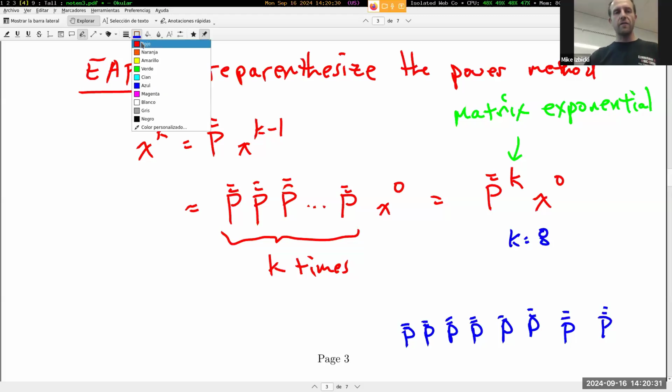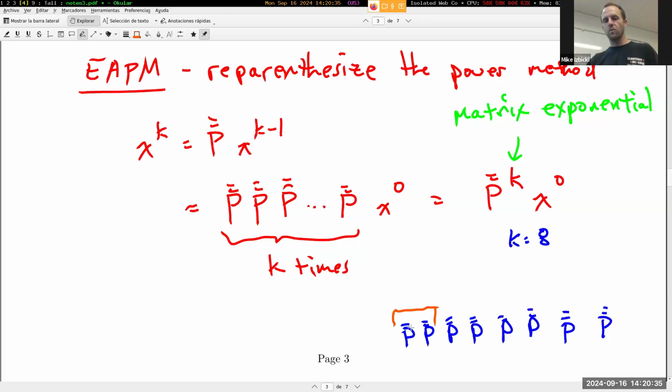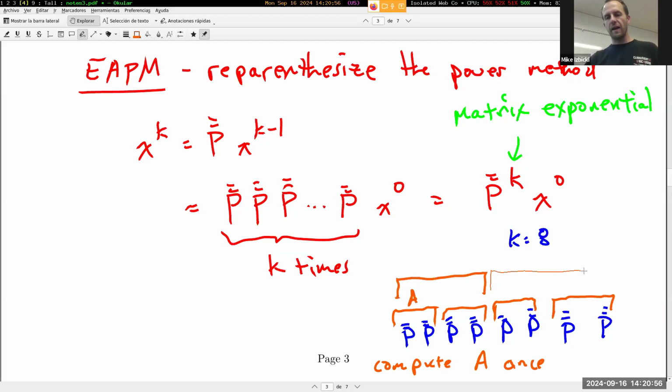Instead of doing 8 of these multiplications together, I can observe that one of these p bar bar times p bar bar, call that a. I only have to compute a once, and that gives me all of these things right here. So compute a only once. And then b, if we call that a times a.